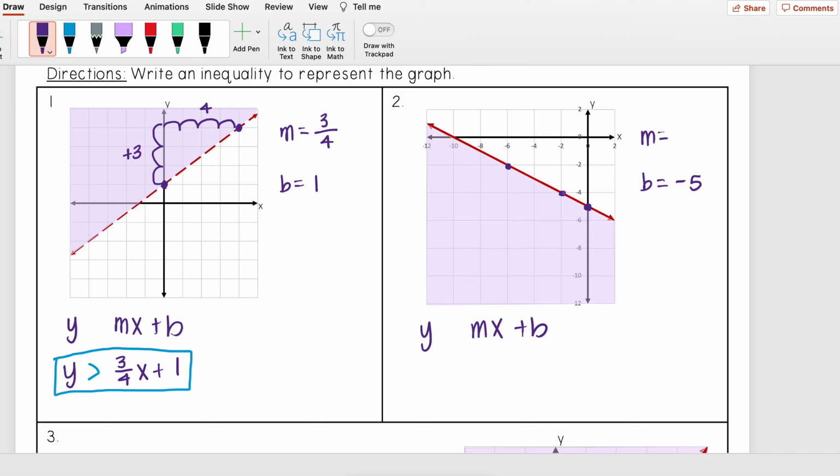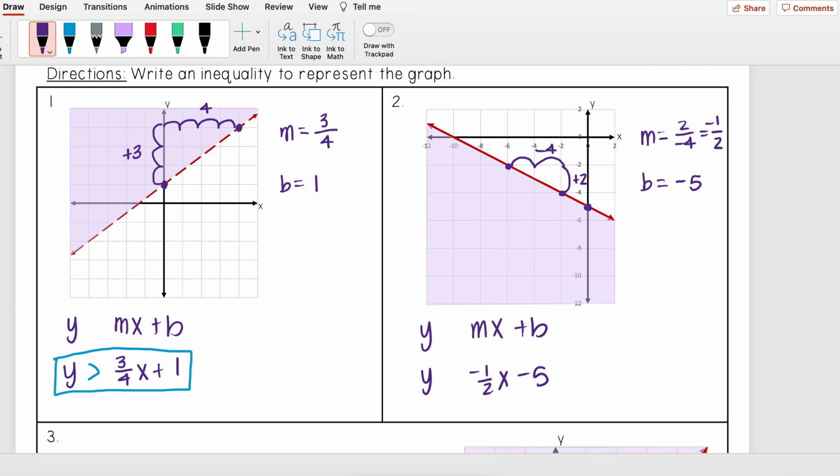And so I go up 2 and to the left 4. And remember, that's because all these lines are actually going up by 2. So that means that my slope is 2 over -4, which is equal to -1/2. So I have that the equation of the line is -1/2 x minus 5.